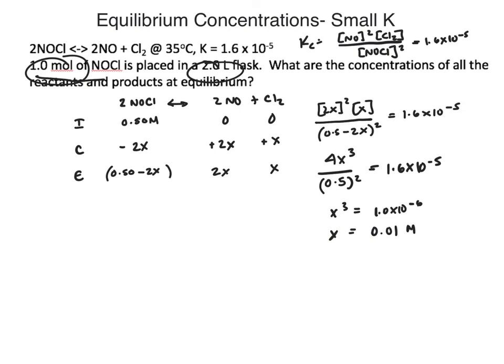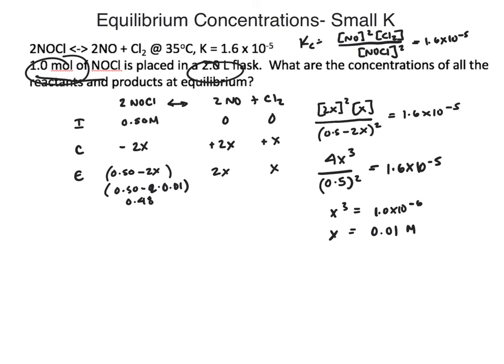Now we always need to check and make sure that our calculation for x is an acceptable value. The way we do that is we take our x value and use it to figure out our equilibrium concentration. So 0.50 minus 2 times 0.01 gives us 0.48.